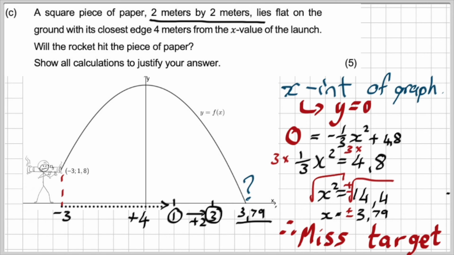We could have, and I'm saying this to you clearly, asked you just for the C part of this question, so for 8 marks: will the target be hit? Yes or no? And then you would have to go through the mental process of saying, okay, I want the x-intercept. But for me to get the x-intercept, I need the equation of the graph.